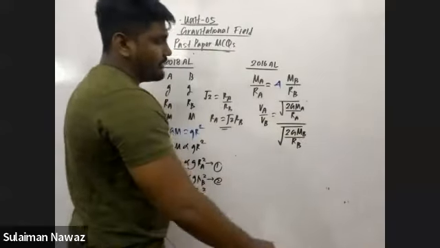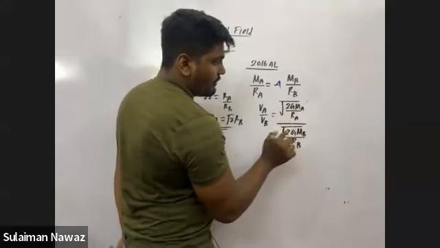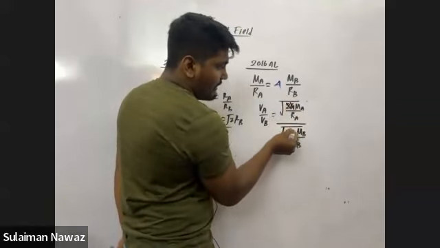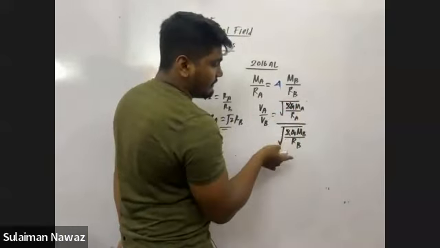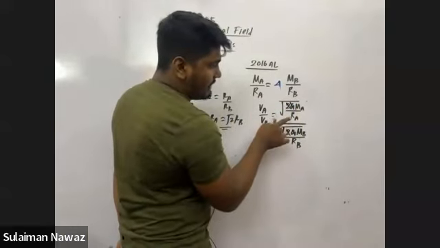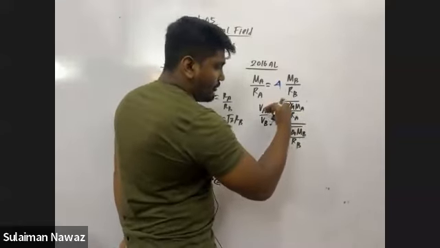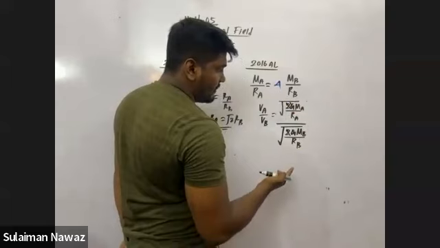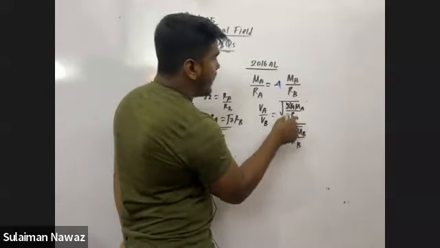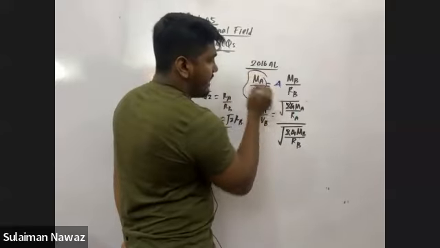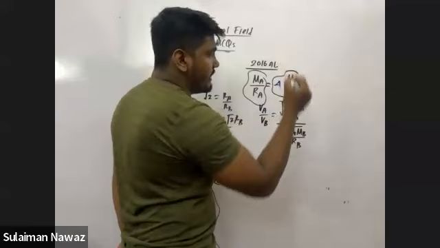See? Then you want to understand that 2G cancels out. For your understanding, no need to take the root, no need to take the square on both sides. Then MA over RA, I can write in terms of MB over RB.